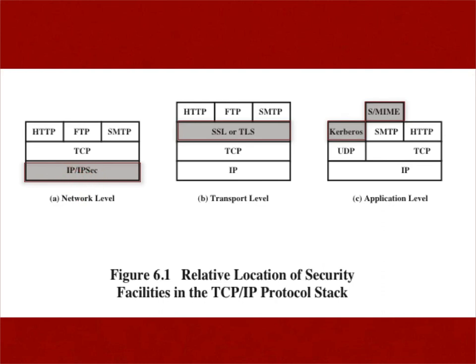IPsec is always implemented as part of the operating system kernel. So when you use VPN and stuff like that, it's agnostic to whatever application you are using. That tunnel is shared by all the application services and all the traffic coming from this host.